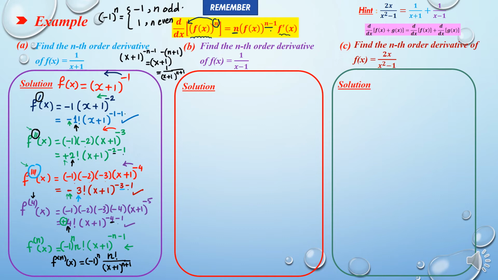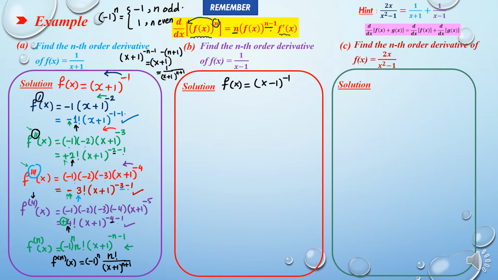Now in part B, find the nth order derivative of the function f(x) equals 1 over x minus 1. You will have the same procedure. First you have to rewrite it as f(x) equals (x minus 1) to the negative 1.